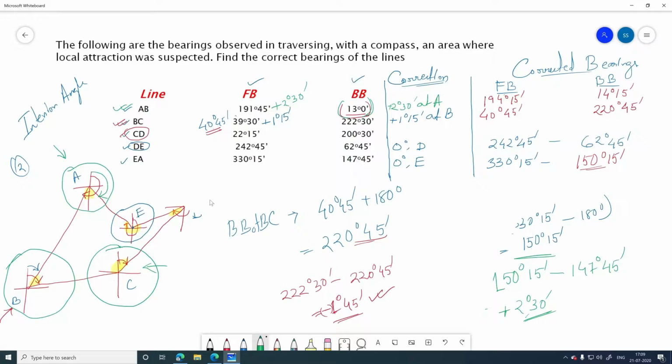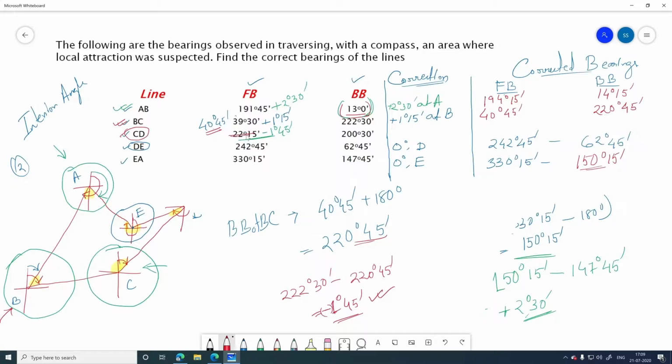Okay. So what will be the actual value of the forebearing of CD? What we need to do is subtract this 1 degree 45 minutes at this C point. Okay. So what will be the value? That means the forebearing of CD, the corrected value, will be 20 degree 30 minutes.